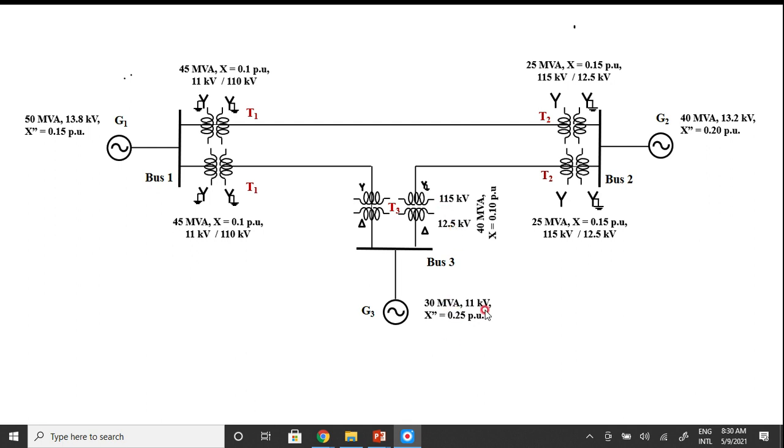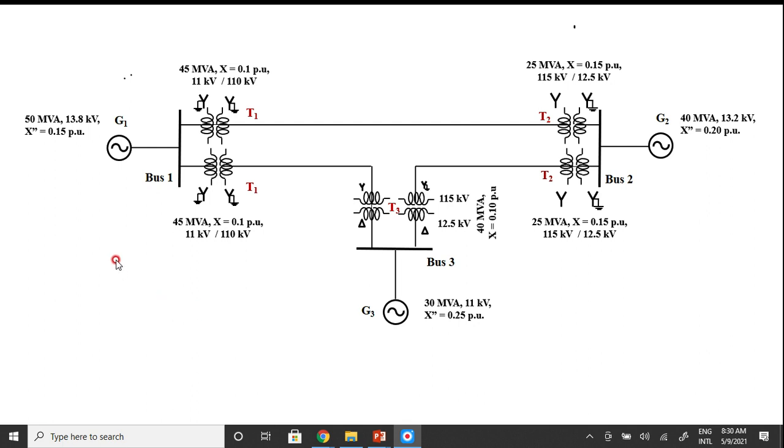It has to meet the specification of which component the transformer is connected to and what the voltage level is. It is 11 kV, therefore it should be matched here, that is 12.5. Here it is 13.2, then 12.5, and here also 12.5. Here it is 13.8, then 11 kV and 11 kV.